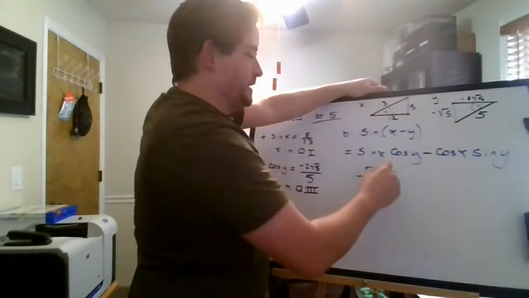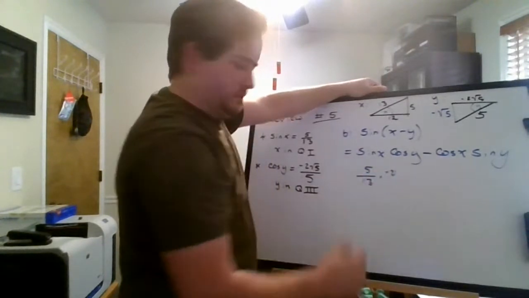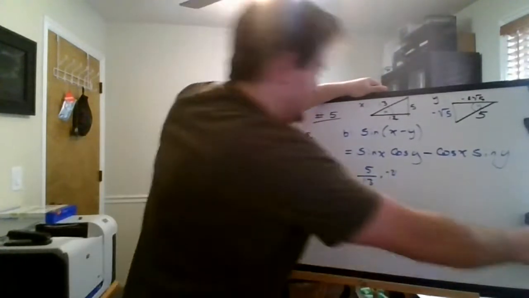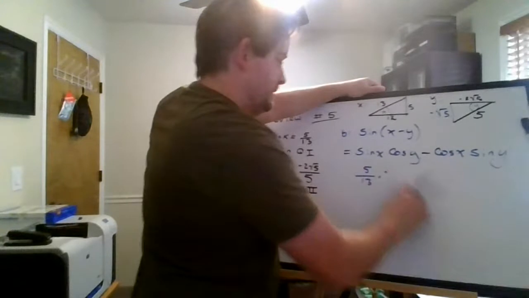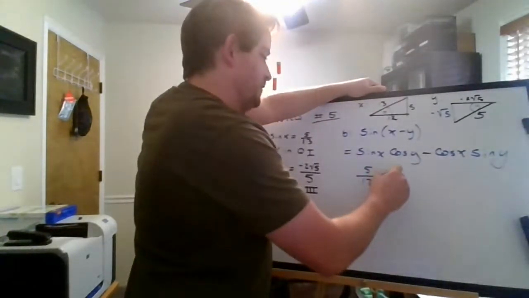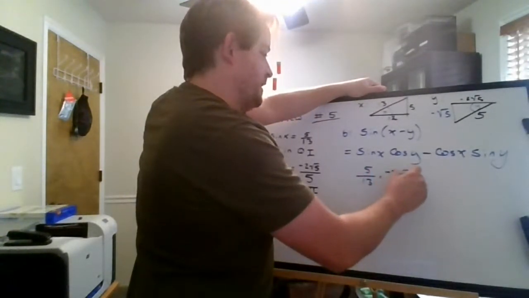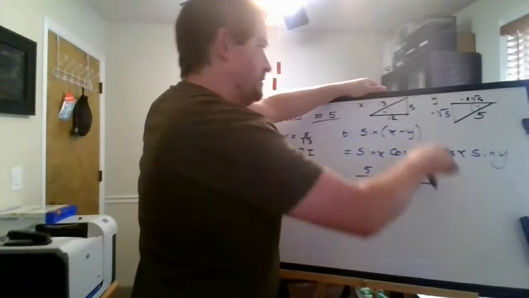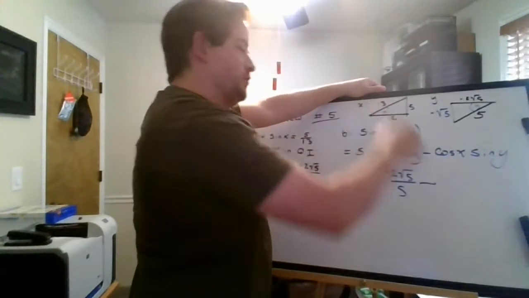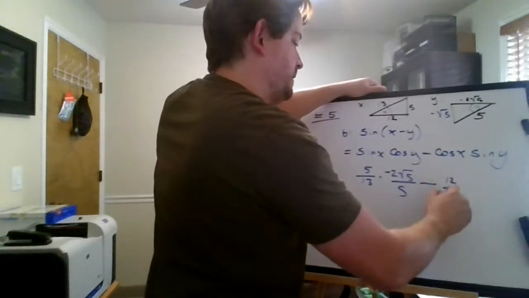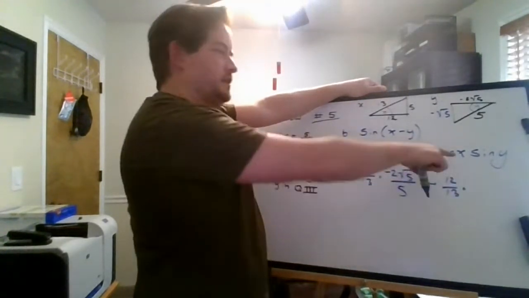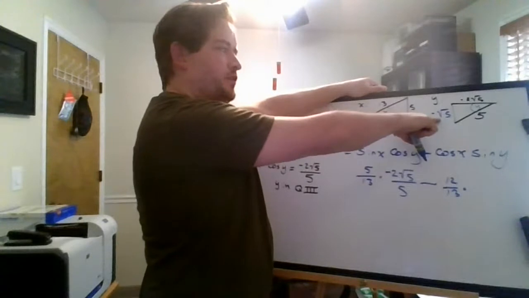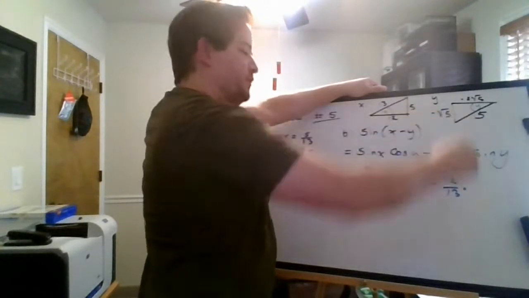The cosine of y is negative 2 root 5 over 5, minus the cosine of x, which is 12 over 13, multiplied by the sine of y, which is a negative root 5 over 5.